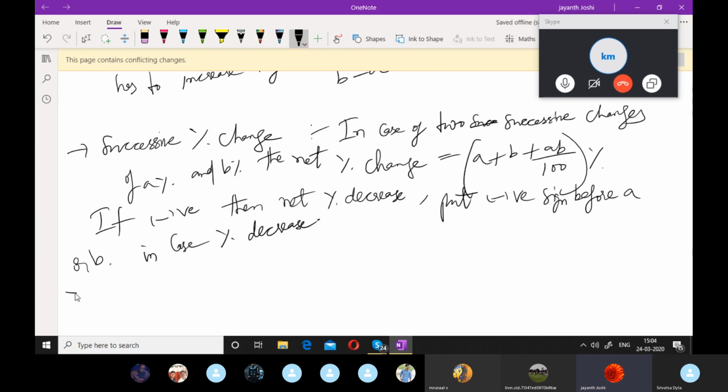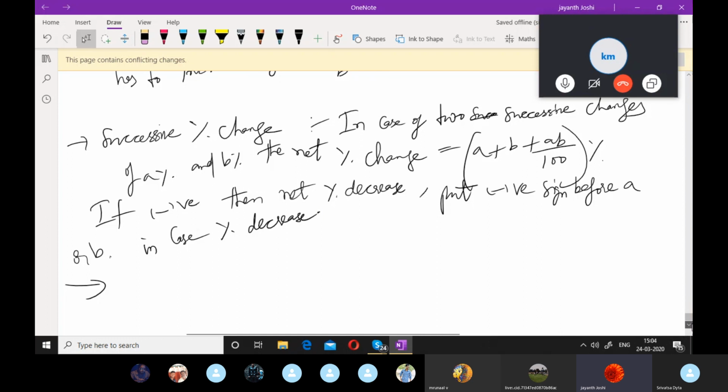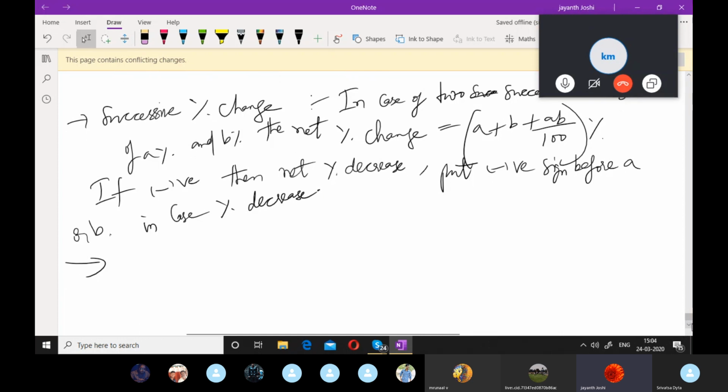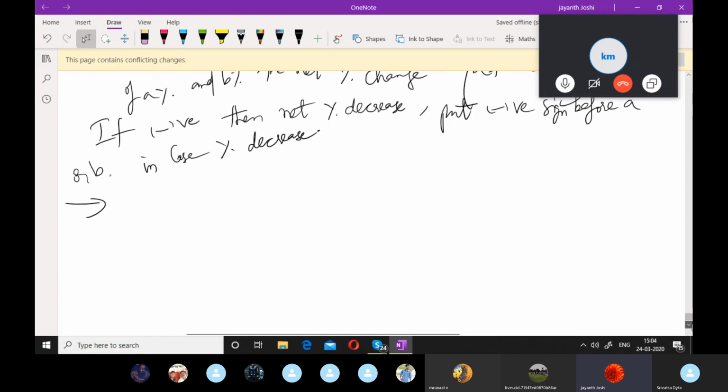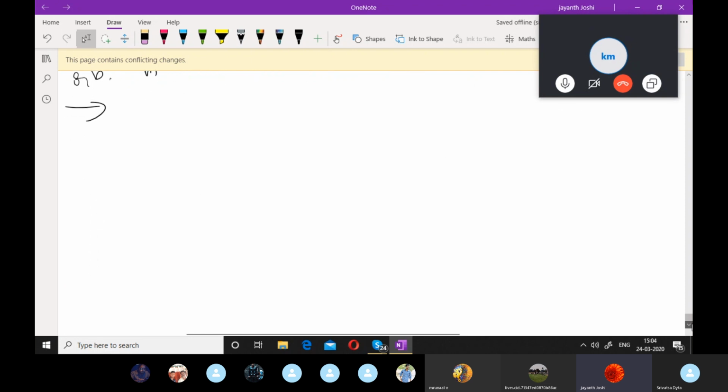Next formula, percentage more or percentage less.